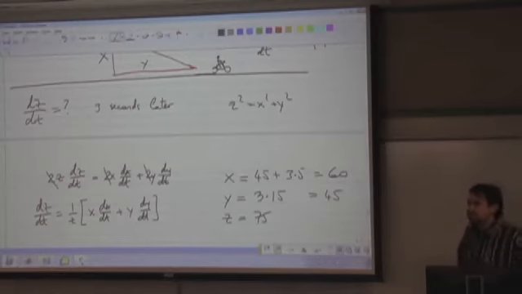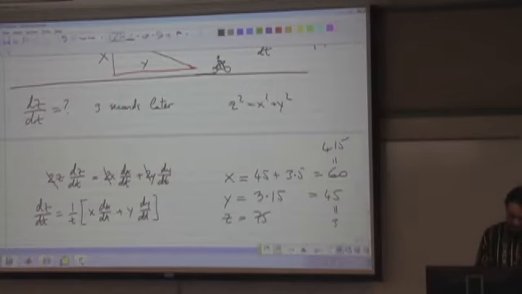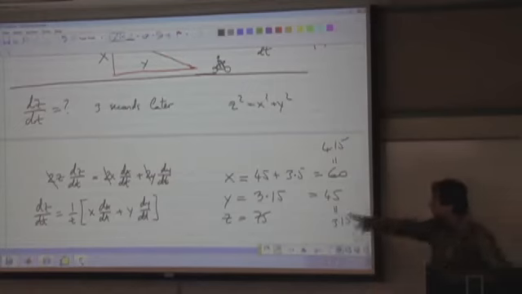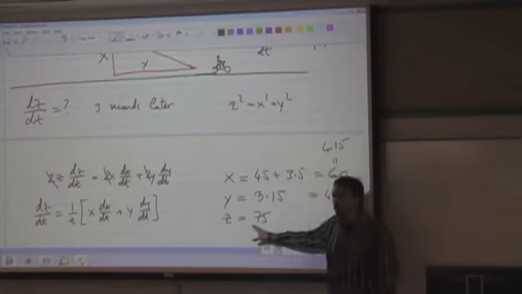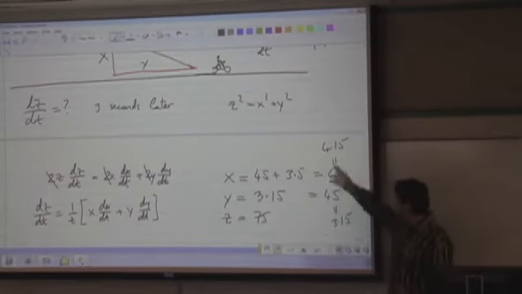I didn't actually compute it, if you're wondering why I came up with 75. 60 is 4 times 15. 45 is 3 times 15. So 15 can factor out, so z is just going to be 5 times 15, because Pythagorean numbers are 3, 4, and 5.